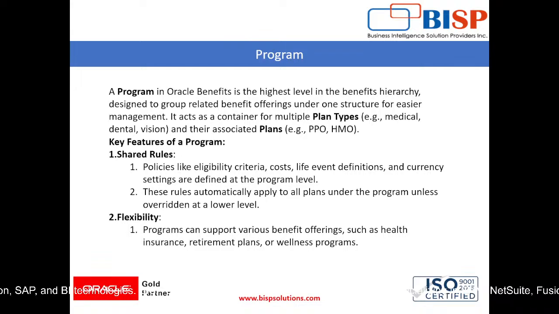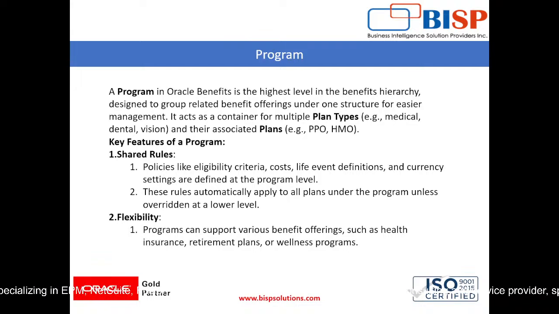Okay, then you have key features of the program. So there is shared rules. Policies like eligibility criteria, cost, life event definition, and currency setting are defined at the program level. These rules automatically apply to all plans under the program unless overridden at a lower level.